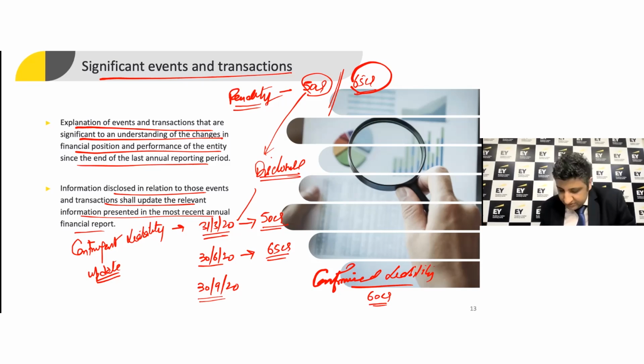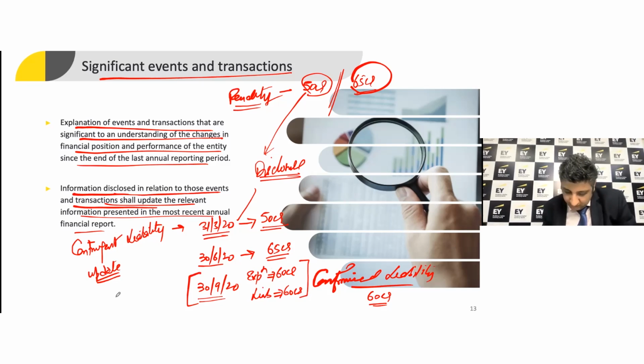So what I was trying to say is that you update that event and transaction. Whatever has happened so far, you now need to update that, which simply means you will recognize an expense of 60 crores and also, of course, a liability to the extent of 60 crores during this quarter, between 1st of July 20 to 30th of September 20.